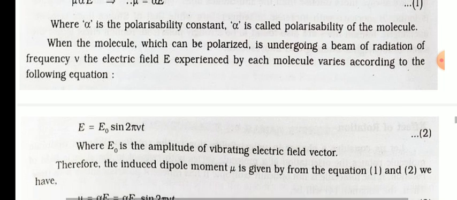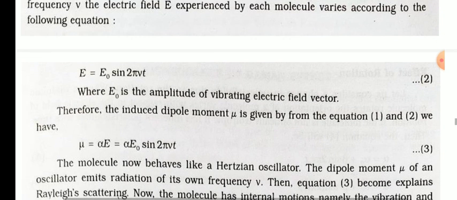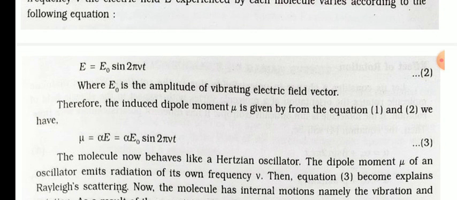And the induced dipole moment mu is given from equations 1 and 2. We have mu is equal to alpha E. In place of E, substitute the value of E from equation number 2. Hence, equation number 3 gives the induced dipole moment, which is equal to alpha E naught sine 2 pi nu t.